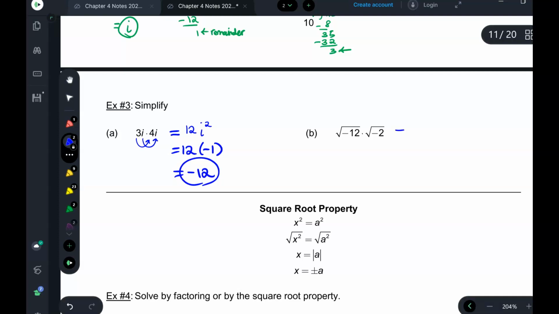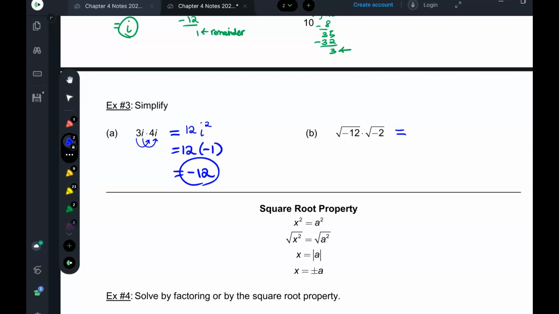I'll give you a hint, and it has to do with what Zach said. If you have an even power, you're going to get 1 or -1. If you have an odd power, you're going to end up with i in your answer. How many i's do we have here? 2. We have an even number of them, so I know I shouldn't have i in my answer.